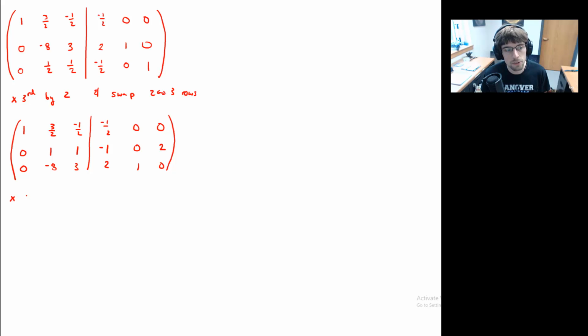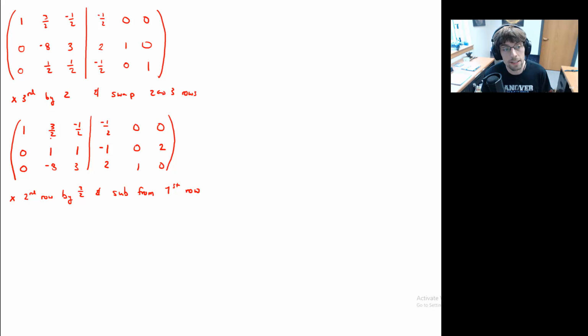So what am I going to have to do? I have to multiply the second row by 3/2 and subtract from the first row. Right? I need to multiply by 3/2 to get to equal this value that I'm underlining here.